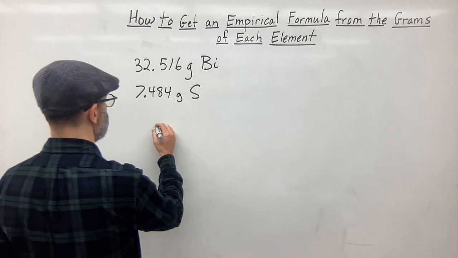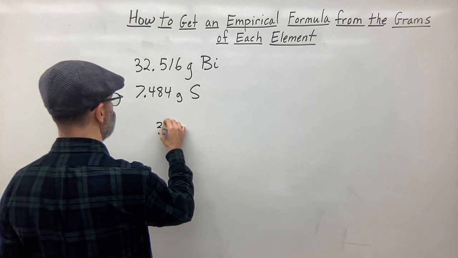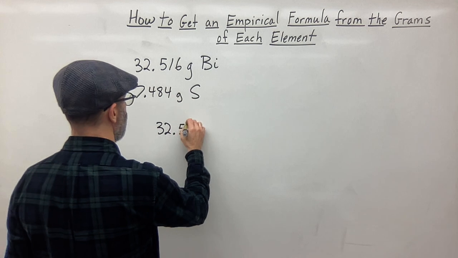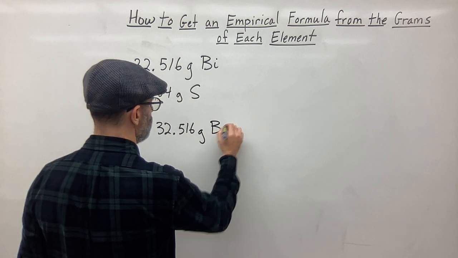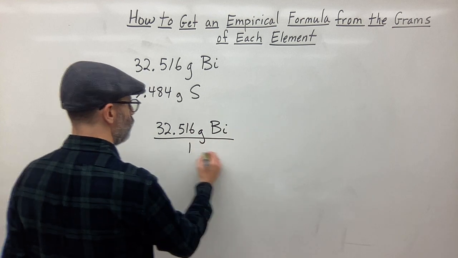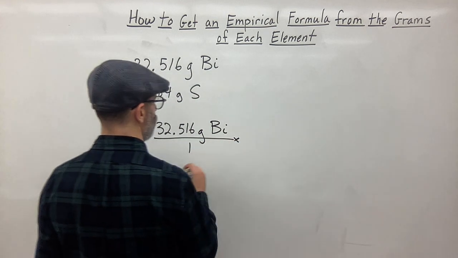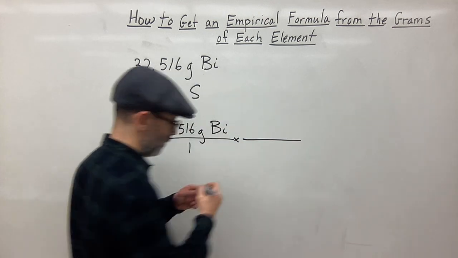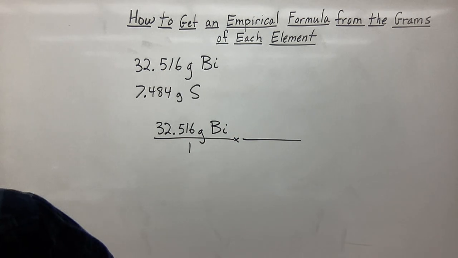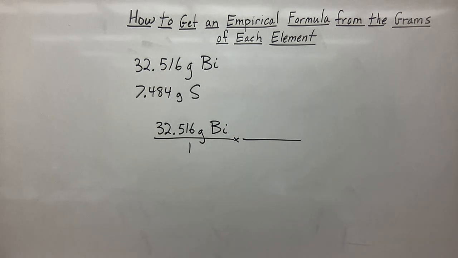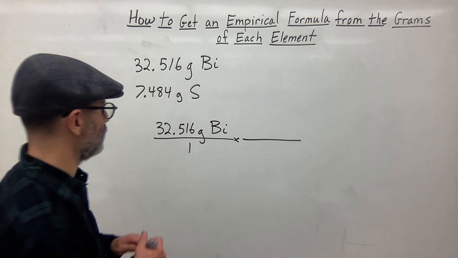I'm going to take the bismuth. I have 32.516 grams of bismuth, and I'm going to use the molar mass of bismuth to convert that to moles. I look up the molar mass of bismuth, which is 208.98.